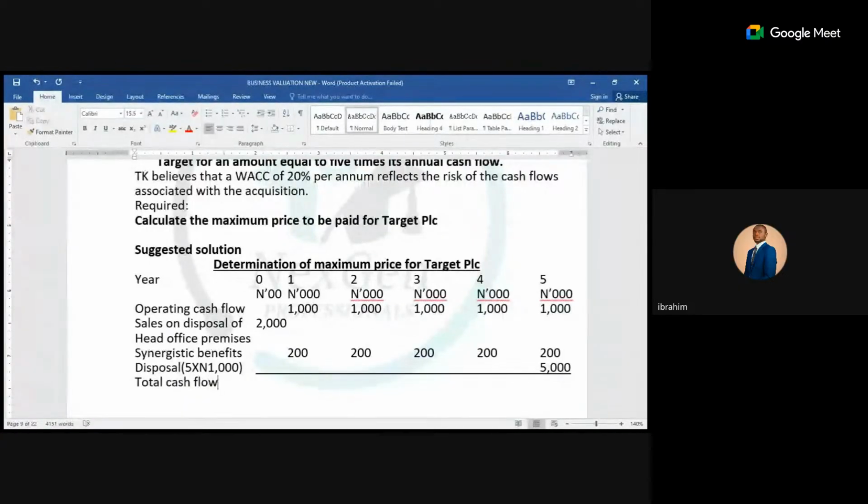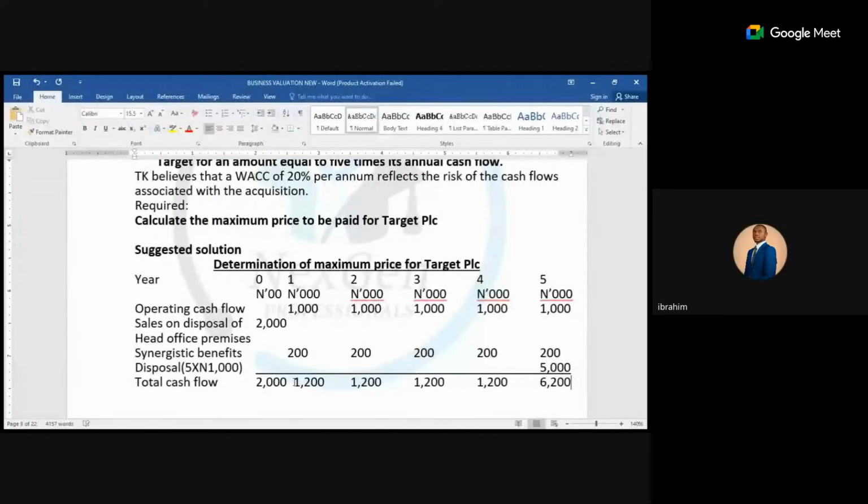So this is 2 million. This is 1,200. 1,200. The same thing, 1,200. 1,200. 1,200. And this will give us 6,200.